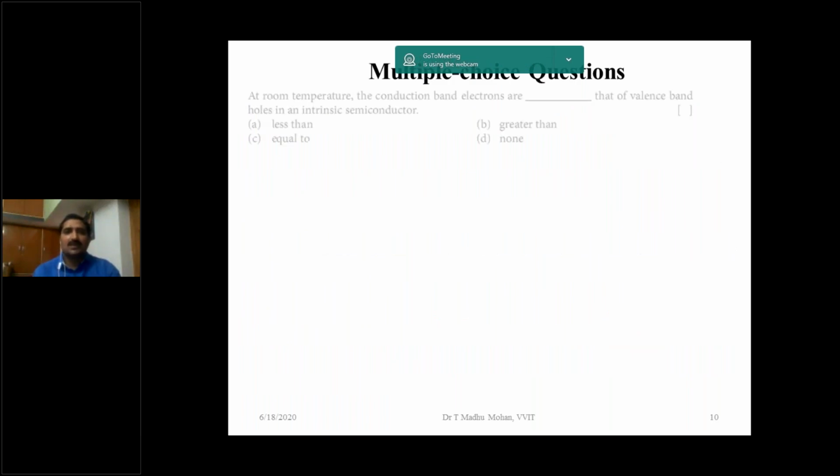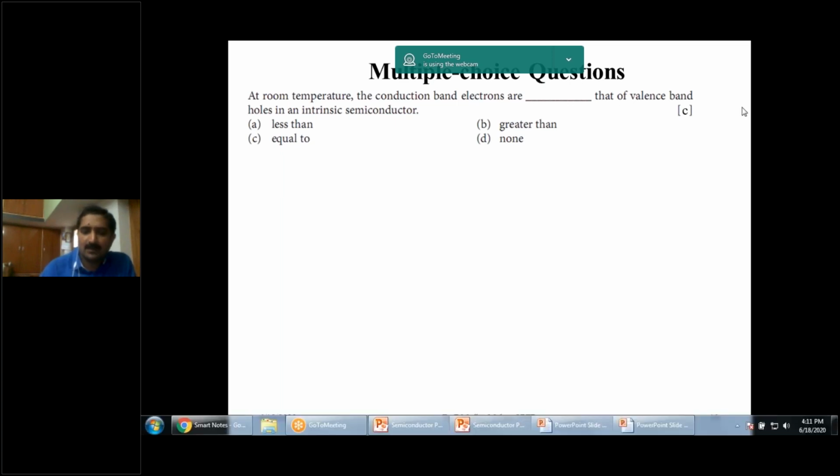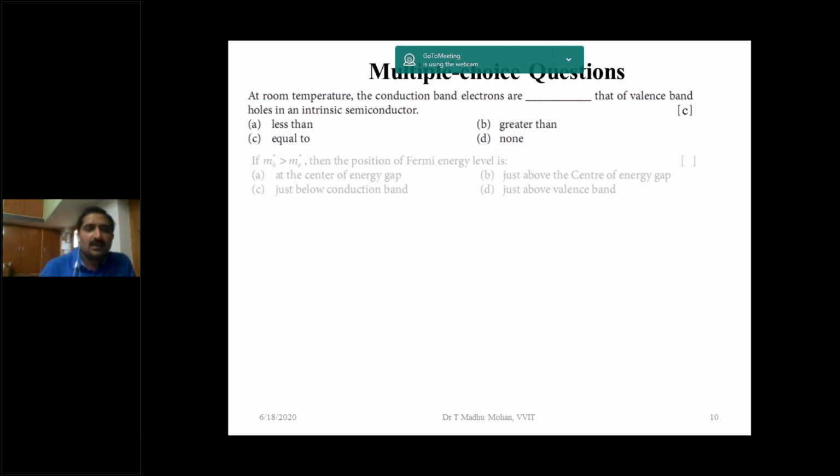Multiple choice questions. At room temperature, the conduction band electrons and the valency band holes in an intrinsic semiconductor are equal. The second one: if Mh star is greater than Me star, then the position of the Fermi level, as we already discussed, is just above the center of the energy band gap.